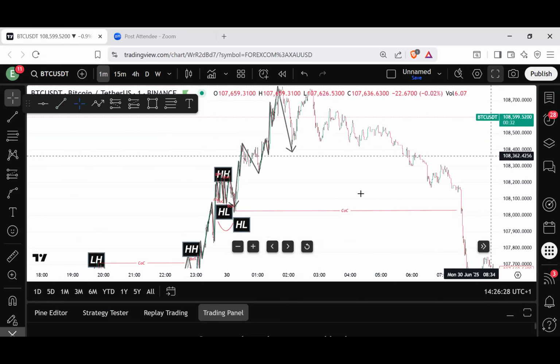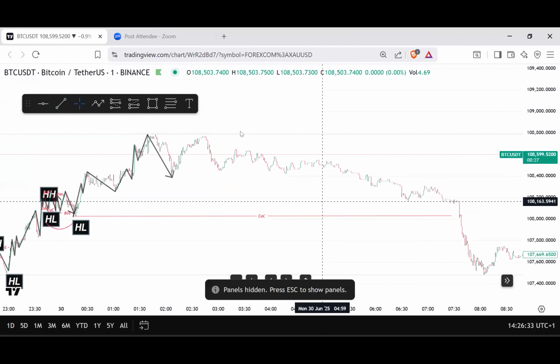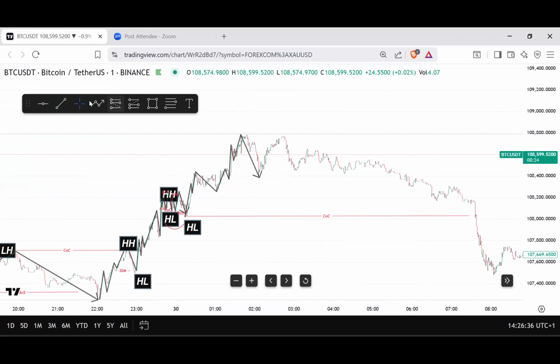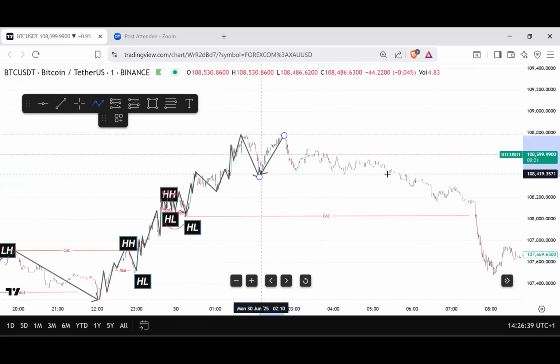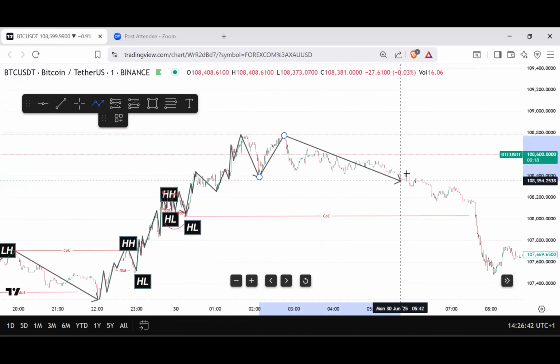So that was what happened. This was a correction, so it was no longer a correction because it came and broke the higher low.